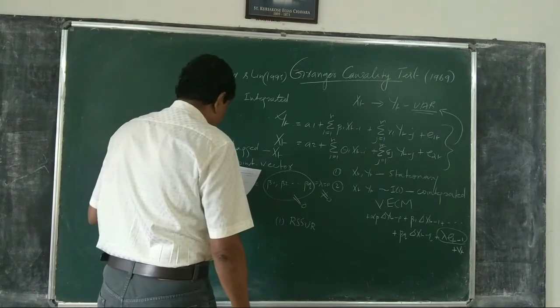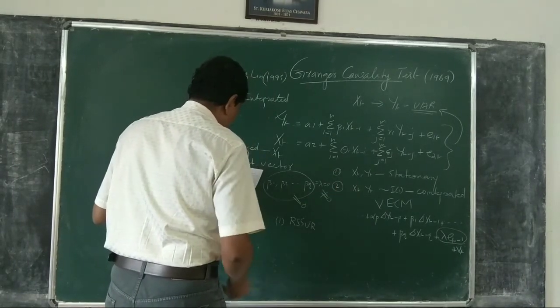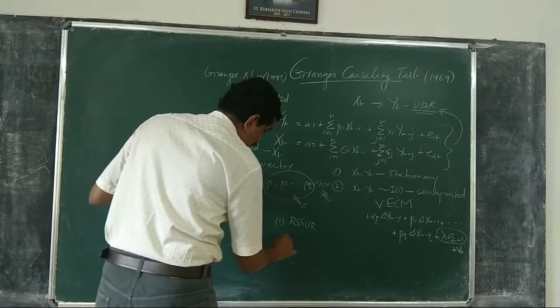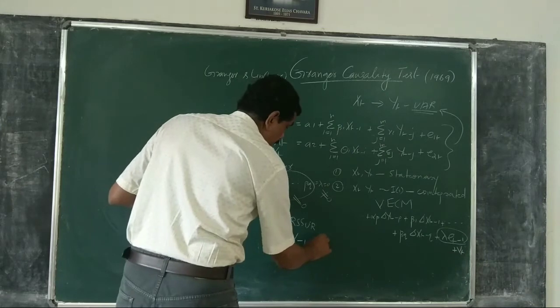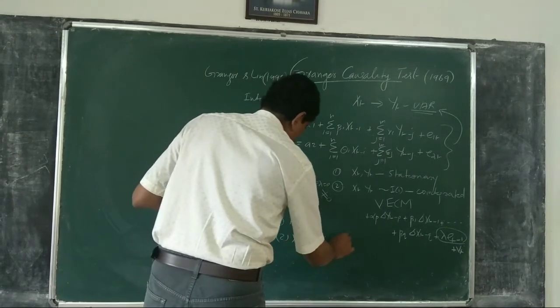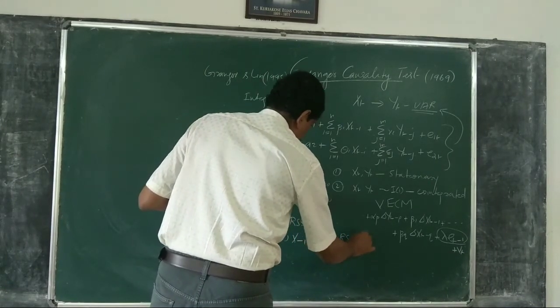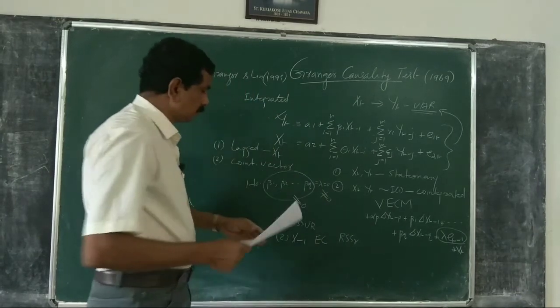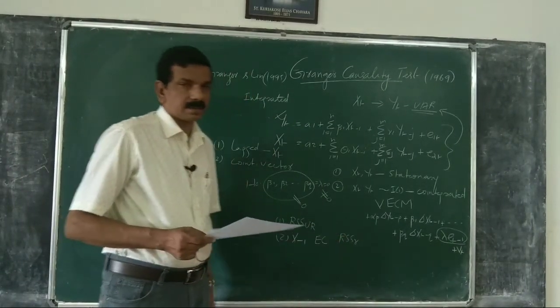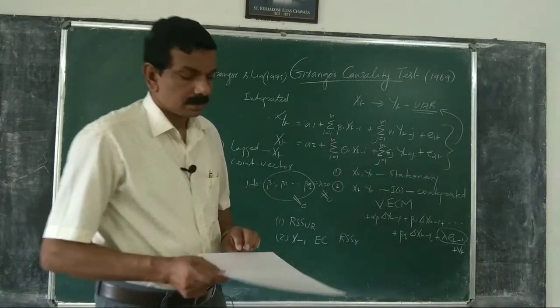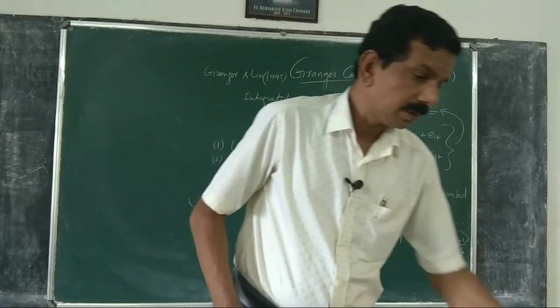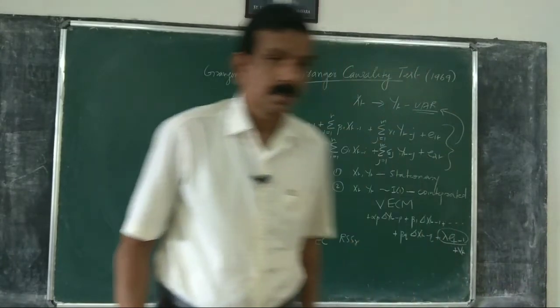Then re-estimate dropping lagged values of X and the EC term, and obtain RSS restricted. Then use the F-test. And this is the procedure. Now the question is how to implement all these things.